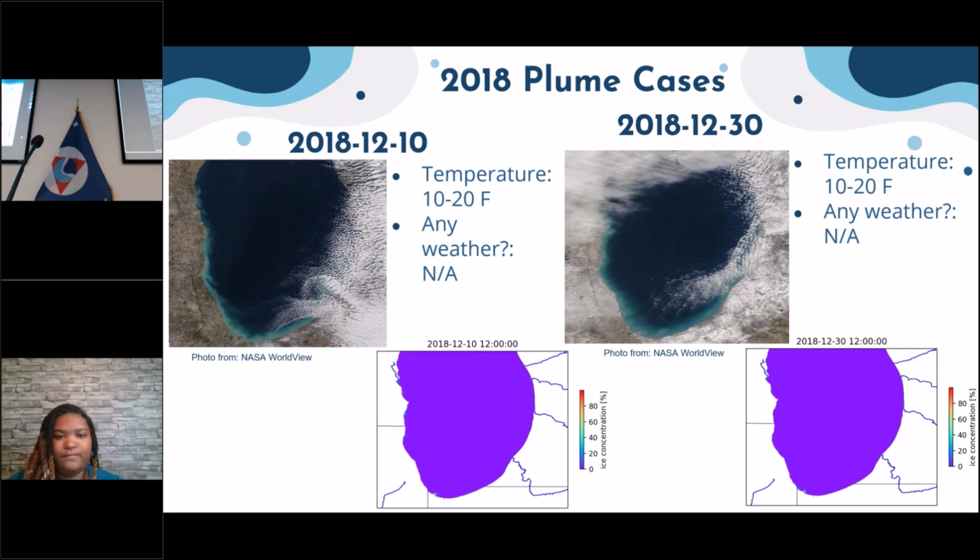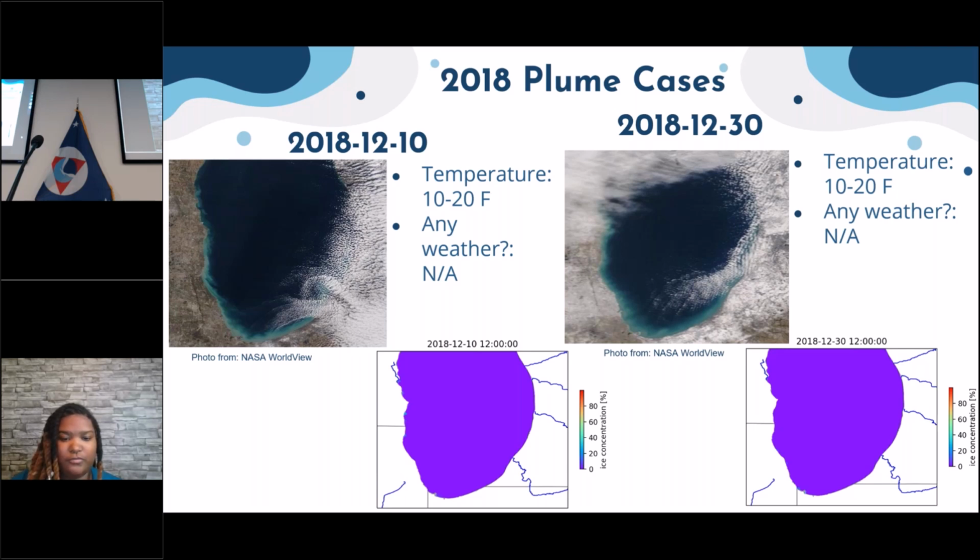Now, 2018 was a very normal year. As you can see, it's December. I picked December 10th and December 30th, and the temperatures were ranging from 10 to 20 degrees Fahrenheit, and there wasn't any weather during these days.